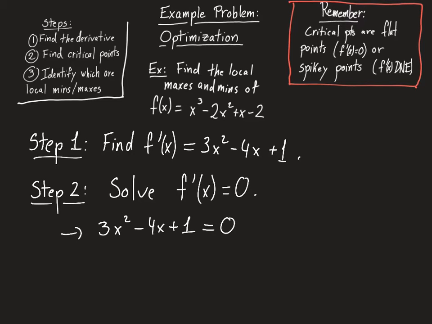We are setting this equal to 0, and we are trying to solve. Okay, there are multiple different ways to solve any quadratic equation like this, but there is one method that always works, and so I recommend that you just learn this one, and this is to use the quadratic formula.